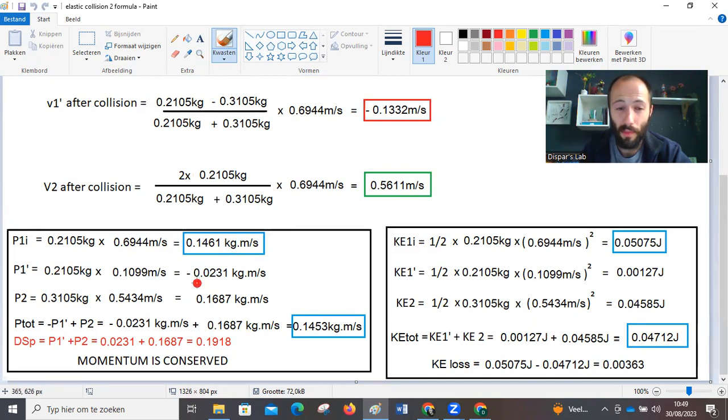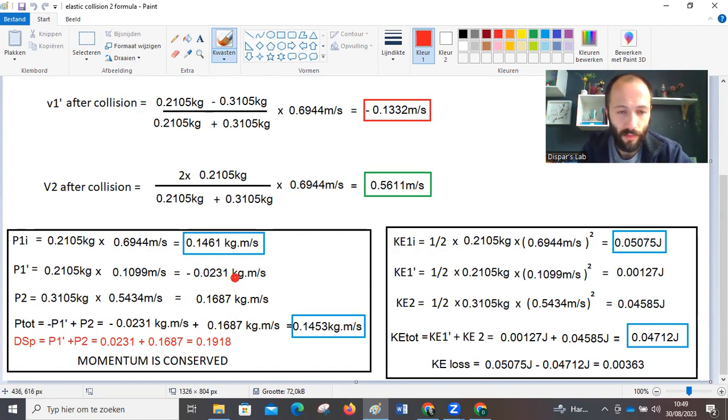The result is minus 0.0231 kilograms times meters per second. Then the second car after collision, its momentum is 0.1687 kilograms times meter per second. If you don't believe this, do the calculations yourself. It's true. The calculations are true.